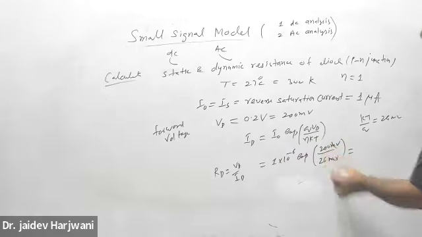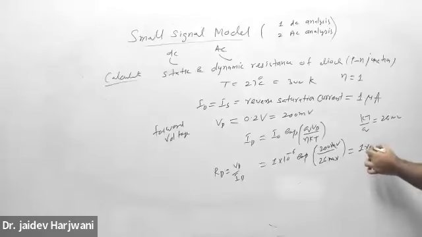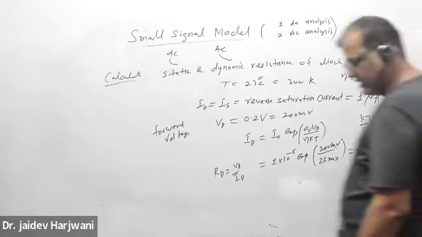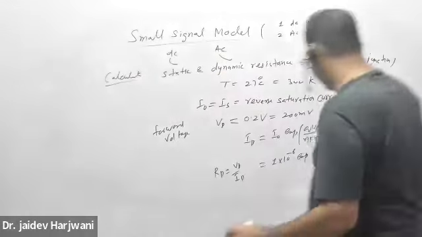This becomes 1 into 10 to the power minus 6 exponential 200 divided by 26. How much? 7 point, 200 divided by 26. 7 point, I have answer 7.69.